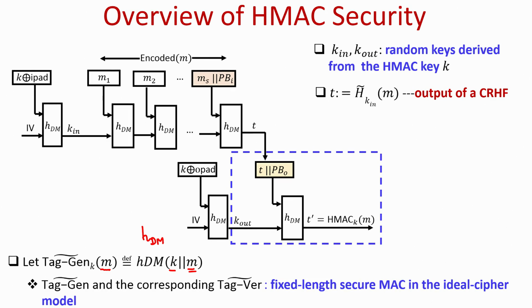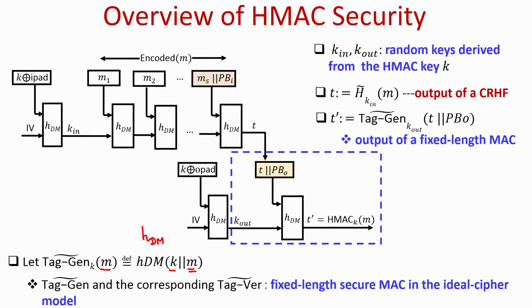And interestingly, we can prove that, given the way this Davis-Meyer function operates here, in the ideal cipher model we can consider this instantiation of the Davis-Meyer function to be a secure MAC for fixed length inputs.